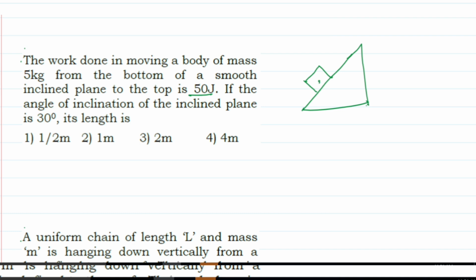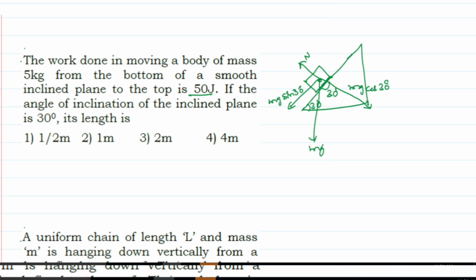Its weight acts downwards, and it makes an angle of 30 degrees. This is the normal reaction: where the surface is in contact, perpendicular to that surface is the normal reaction. When you resolve mg, with the angle of 30 degrees, this will be mg cos 30, and perpendicular to this will be mg sin 30.